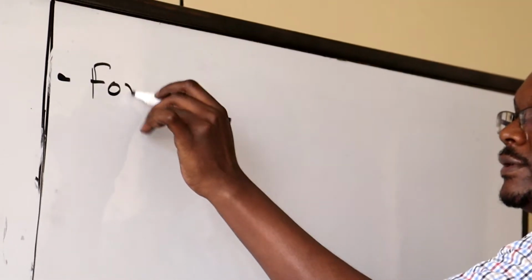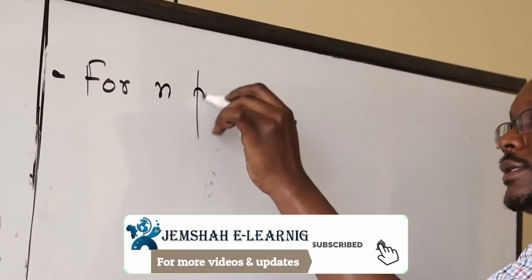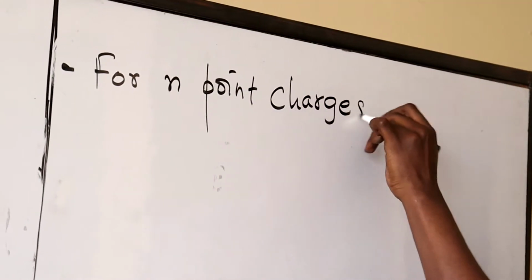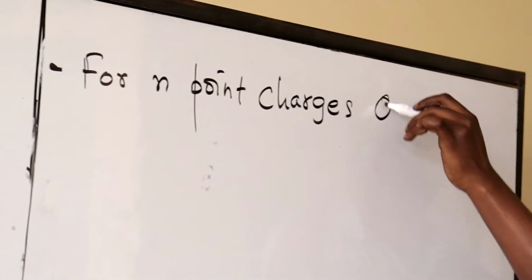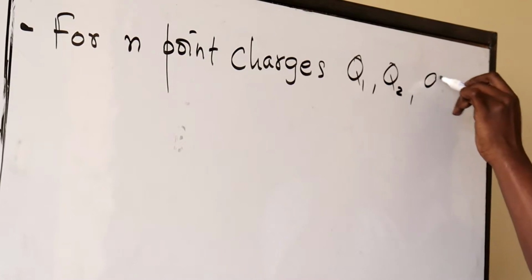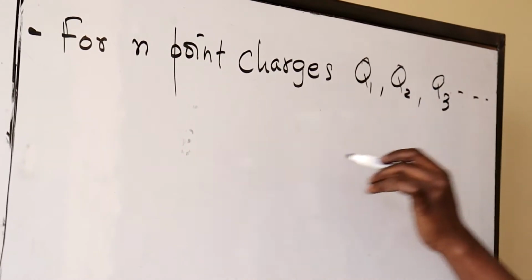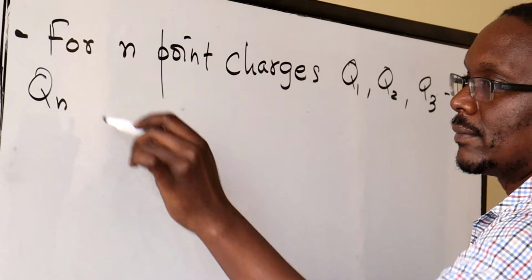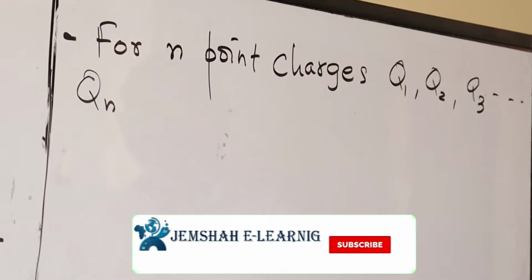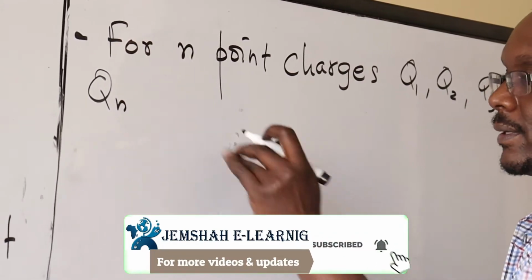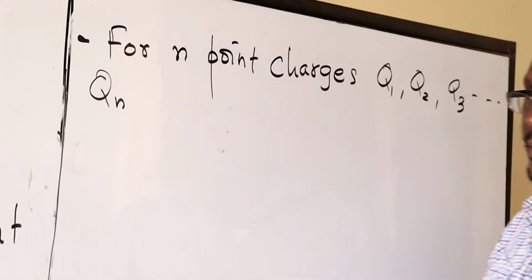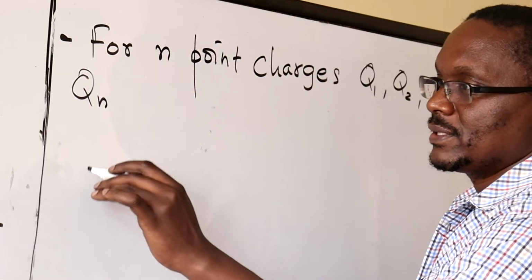For n point charges, Q1, Q2, Q3, all the way up to Qn, electric field intensity is derived using the superposition principle.